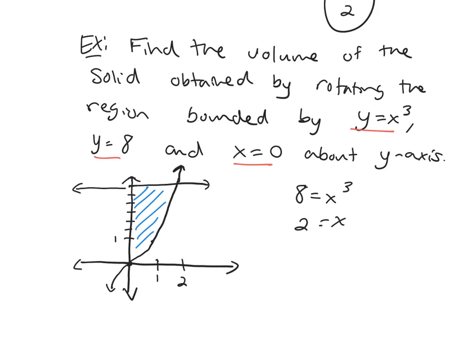And they tell me in the problem that I'm rotating about the y-axis. So I want to take this region and rotate it around the y-axis. Again, you're going to get this bullet head filled in bowl shape going on.